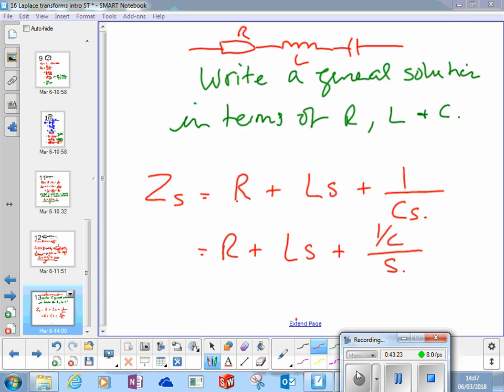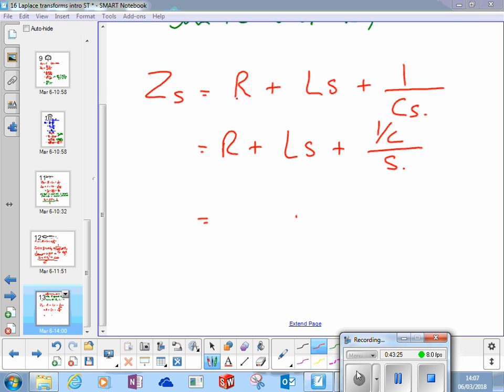And then we simply want a common denominator of S. So this becomes R times S. This becomes L times S squared.